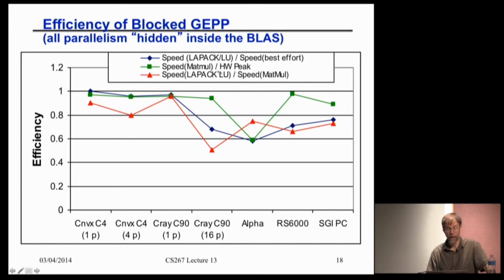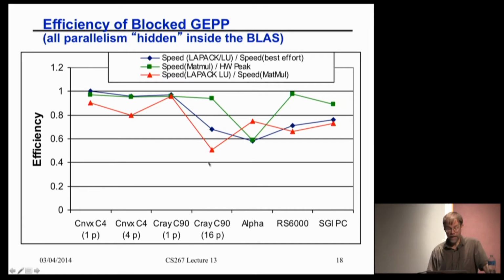Now let me compare the speed of LU that I just showed you to the speed of matrix multiply, right? I can't go faster than my inner loop. That's going to be the red line. And you can see that it's getting 80%, except for that platform, 70% of the speed of matrix multiply. So I'm going 70% of what for me is the peak.